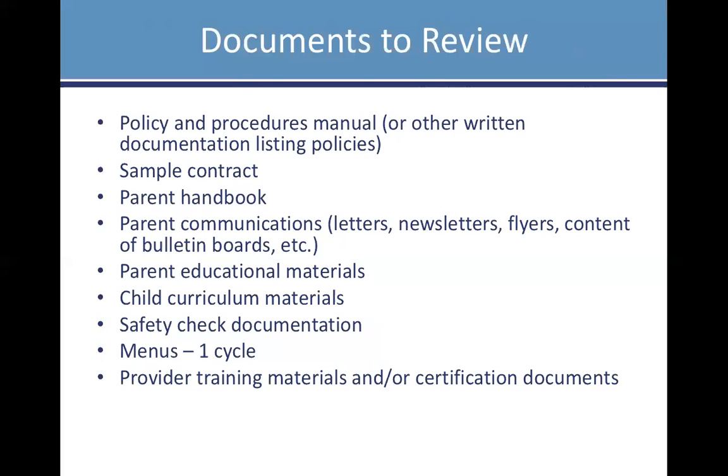And any sort of training materials that the provider has undergone, or even just the certificate that they get as part of completing their training, would be acceptable as well. That's something you're probably just going to refer to on site and then check that part of the document review.